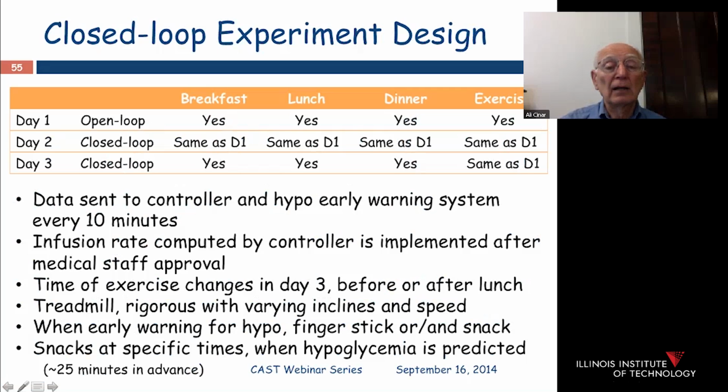And data are sent to the controller and to the warning system every 10 minutes. And the insulin infusion rate is implemented after medical staff approval, and the time of exercise changes, and the finger stick is used when there is early warning for hypo, as well as giving a snack.